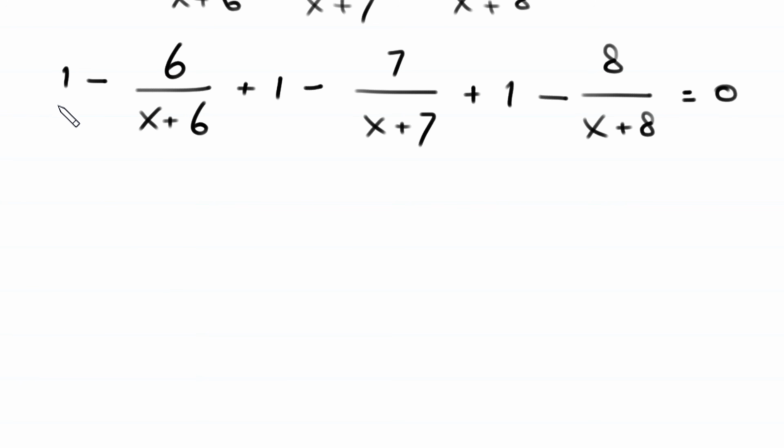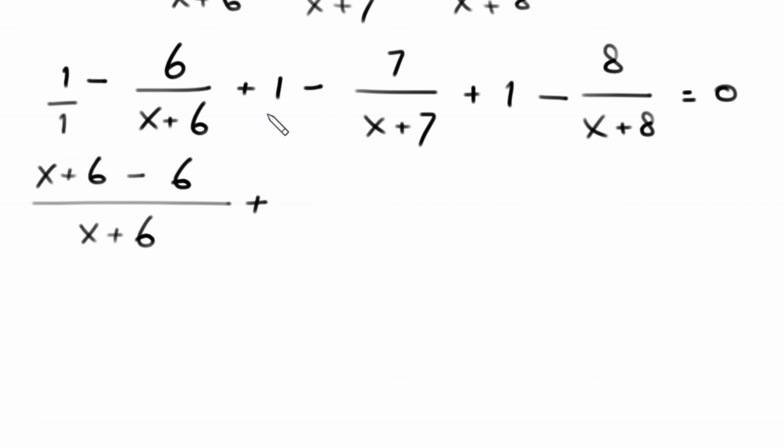Now we can write the denominator of this 1 and take LCM of 1 and x plus 6. LCM of 1 and x plus 6 is x plus 6. So this will become x plus 6 minus 6. In the same way we can write the denominator 1 and take LCM of 1 and x plus 7.